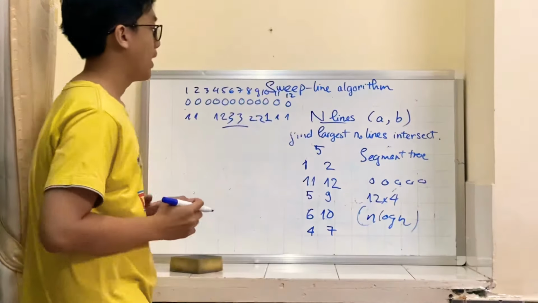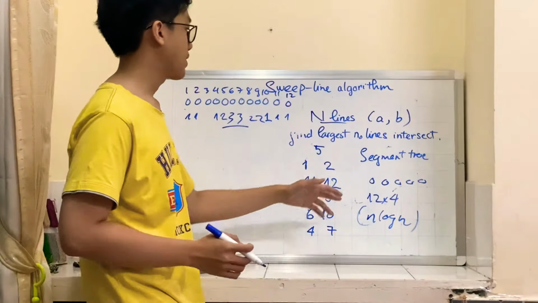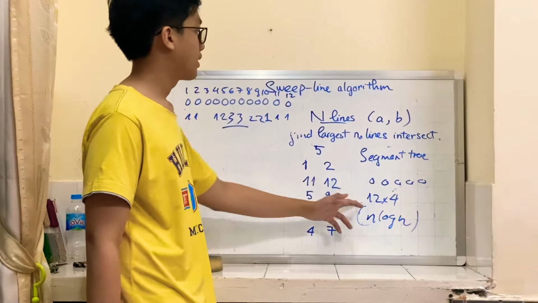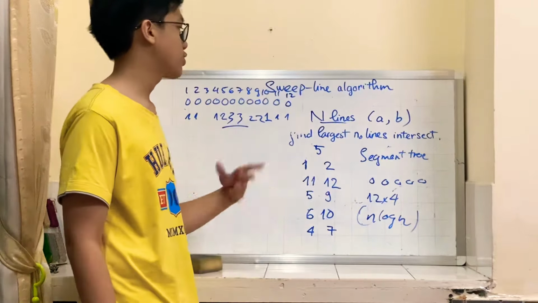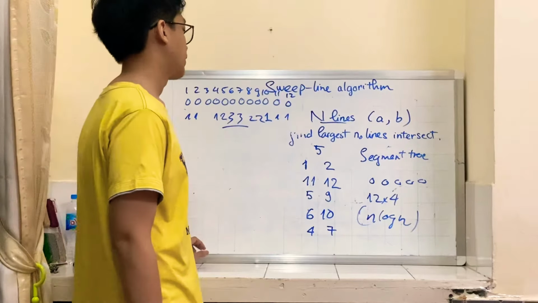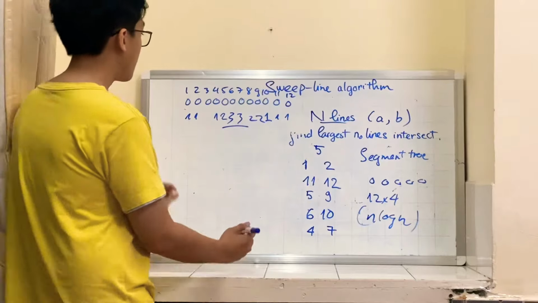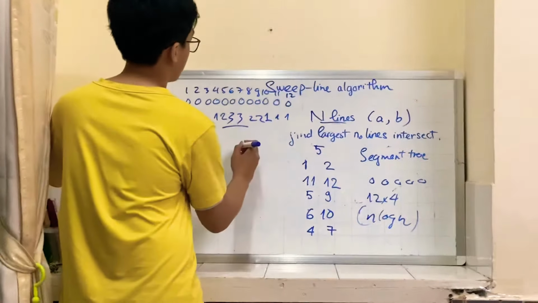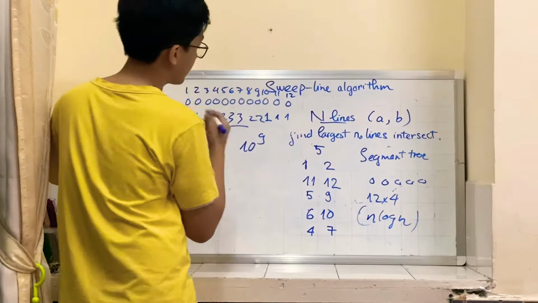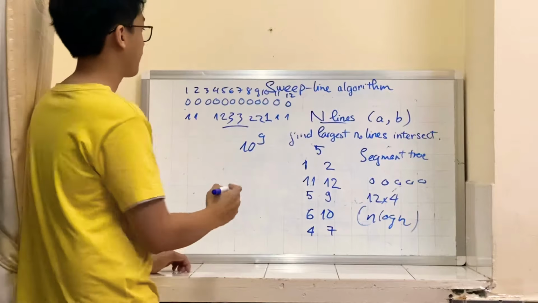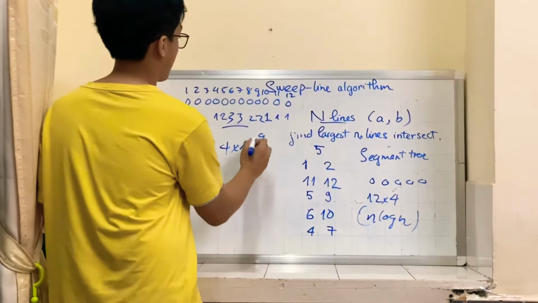But the disadvantage of the segment tree is that we need to initialize a large array. What is large? You can't create an array of size 10 to the power of 9, or 4 times 10 to the power of 9.